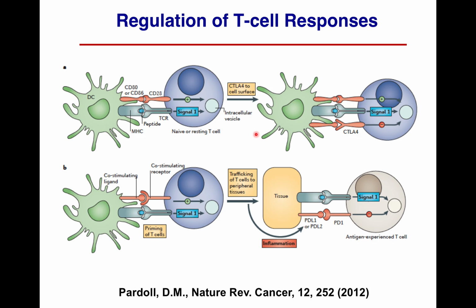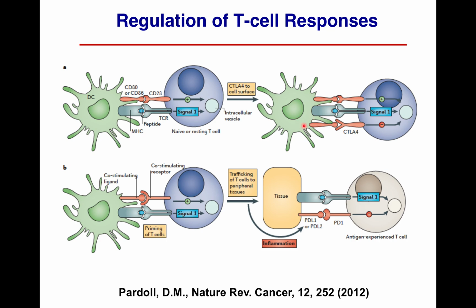Now, it became noticeable that there is another molecule that's expressed, excuse me, on antigen processing cells, and that can be produced. This is referred to as CTLA4.